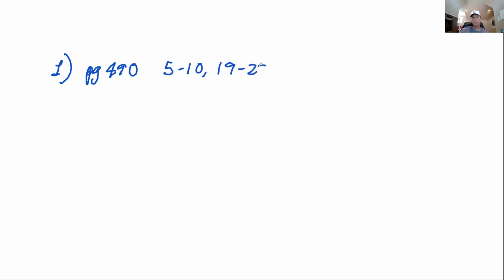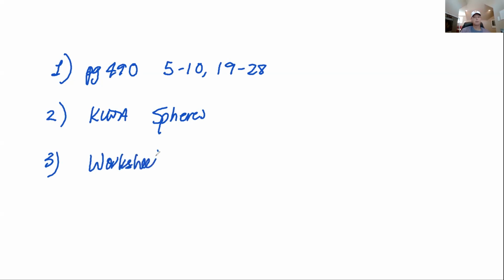Problems 5 through 10 and 19 to 28. Option 2 is going to be a worksheet on spheres. And option 3 is another worksheet. It says 10-9 practice A. There's nothing special about that.